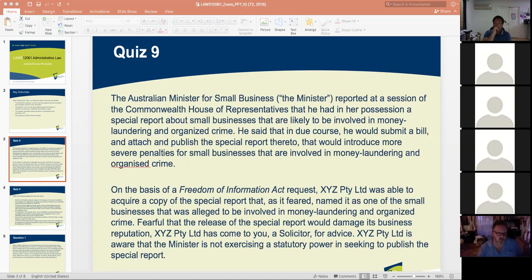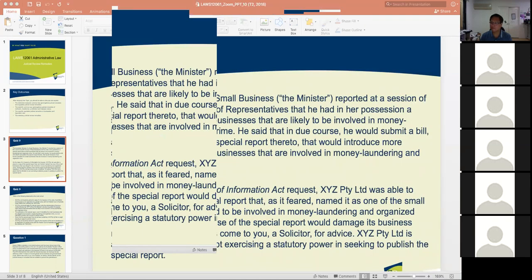On the basis of a Freedom of Information Act request, XYZ Proprietary Limited was able to acquire a copy of the special report that, as it feared, named it as one of the small businesses that was alleged to be involved in money laundering and organised crime. Fearful that the release of the special report would damage its business.